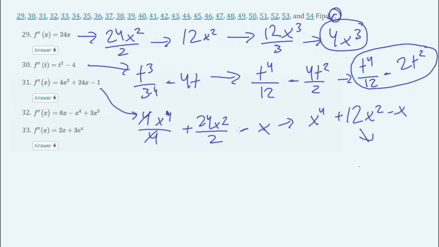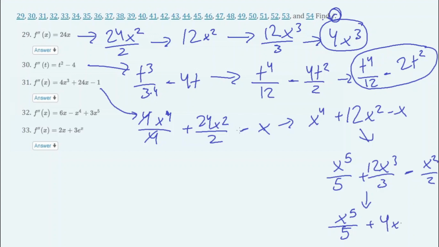And now we need to find an antiderivative again. That's going to be x to the fifth power over 5 plus x cubed over 3 times 12 minus x squared over 2. If we simplify this, we're going to have a final answer of x to the fifth over 5 plus 4x cubed minus x squared over 2. And that would be our final answer for number 31.